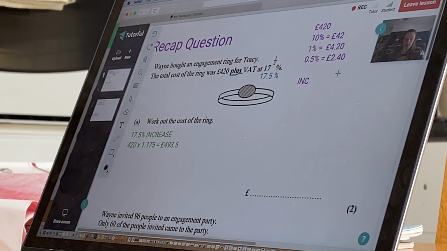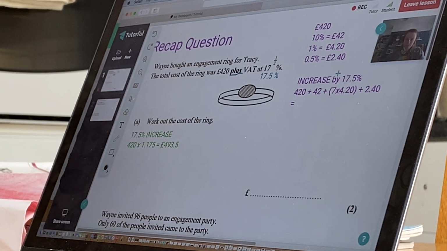And then if we want the increase by 17.5%, we would do 420 add 10%, which is 42, add 7 times 1% to get 7%, and we know that 1% is £4.20, plus 0.5%, which is £2.10.